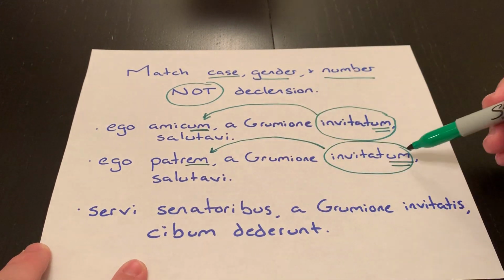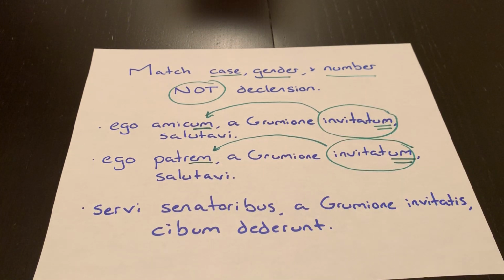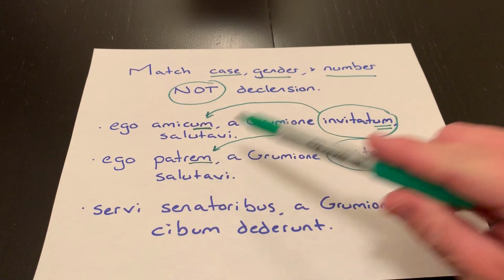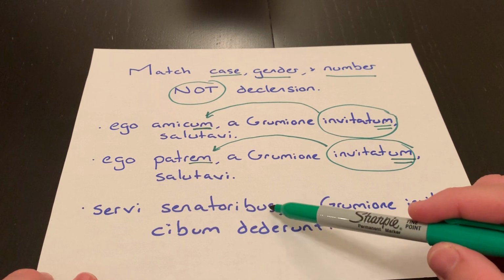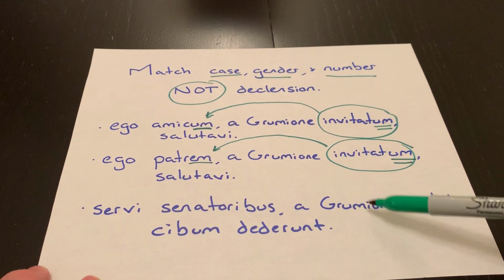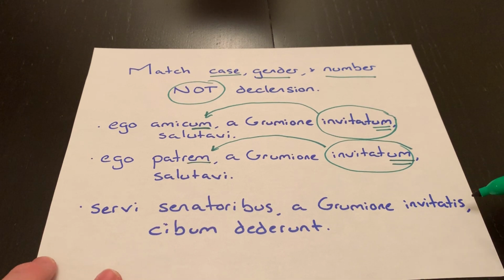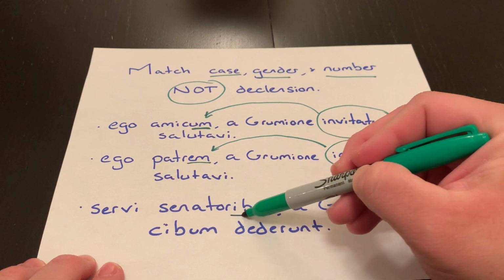We can't just invent a form invitatem to match the ending of this. It's only going to use those first and second declension endings. So masculine accusative singular, masculine accusative singular. And this applies to all the cases, and singular or plural. So here we have another third declension noun. Servi senatoribus a Grumione invitatis cibum dederunt. Okay, so here's senatoribus.